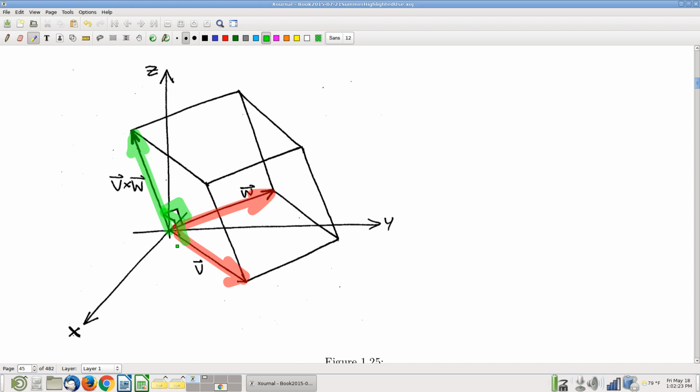So I want to compute this volume. And now I'm just going to remind you of an old geometry formula from long, long ago. The old geometry formula says that because of the perpendicularity, the volume is that distance times this area.